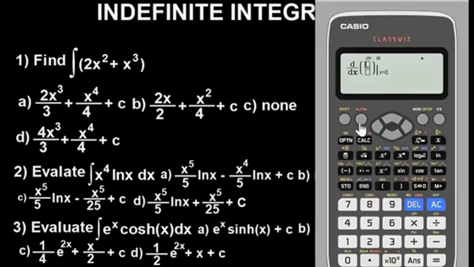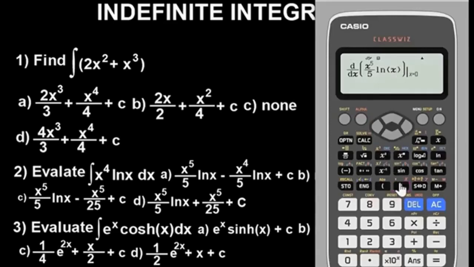We have x alpha x raised to power 5, over 5. Very simple, guys. Then we have ln x alpha x. Close the brackets.